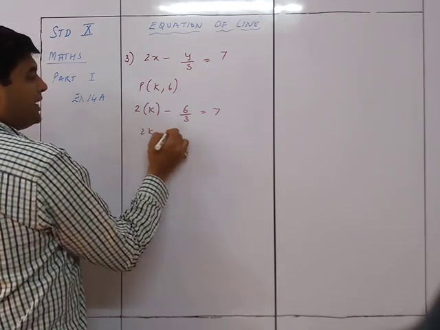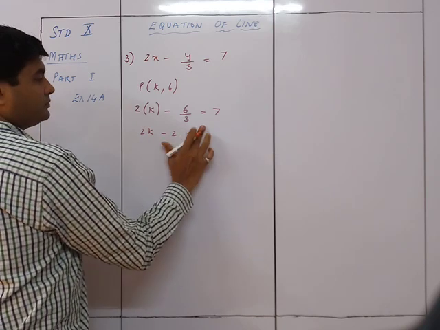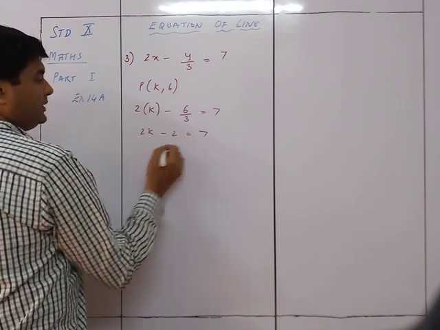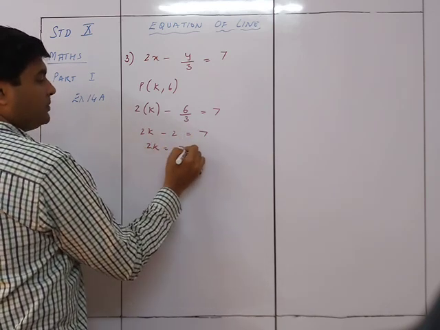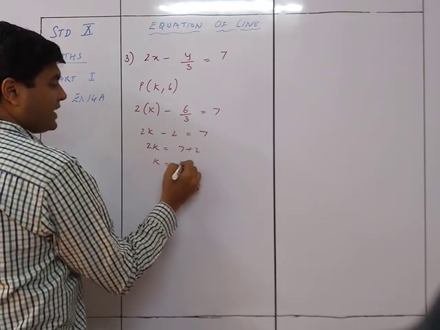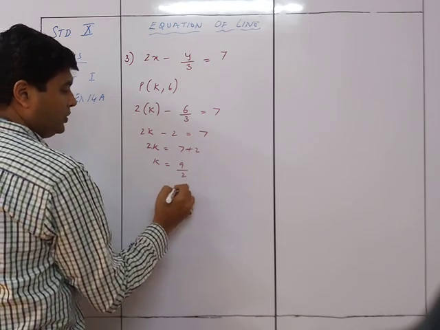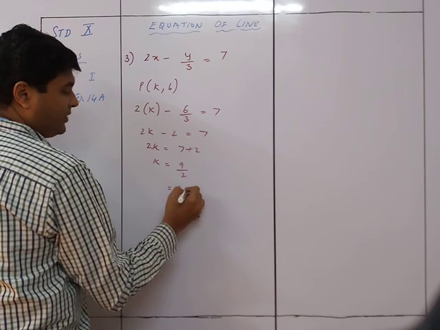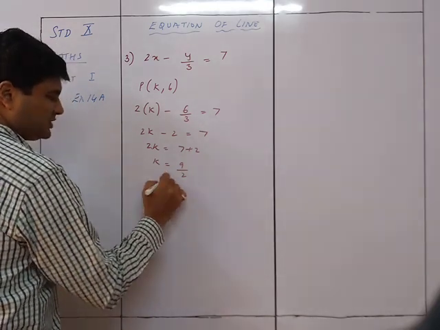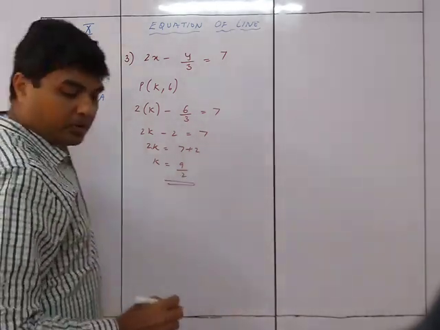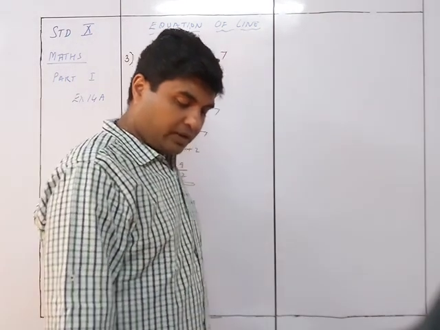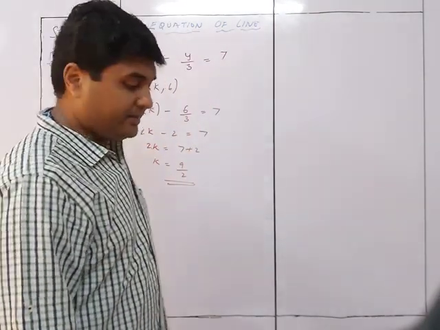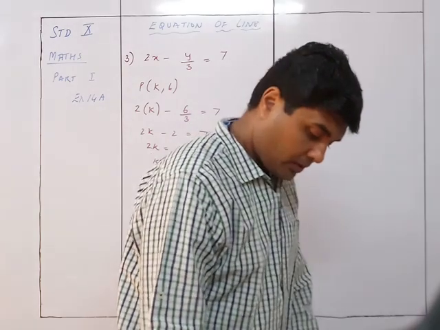So 2k minus 2 is equal to 7. That gives me 2k is equal to 7 plus 2. So k is equal to 9 upon 2, which is 4.5, but 9 upon 2 is sufficient. So k is 9 upon 2.